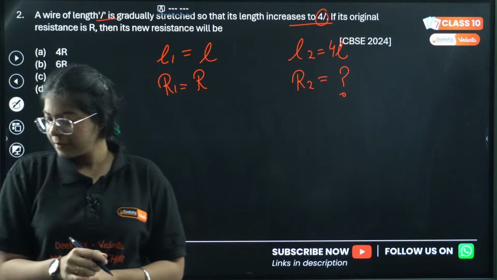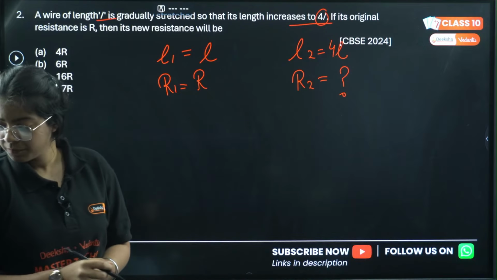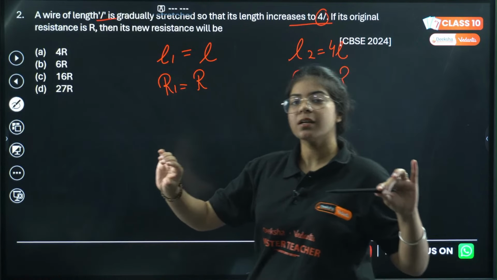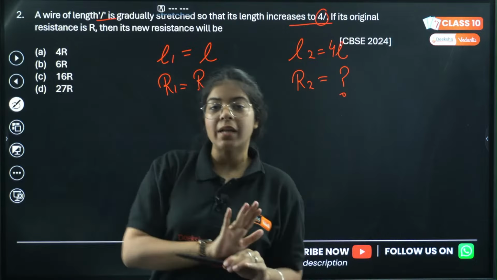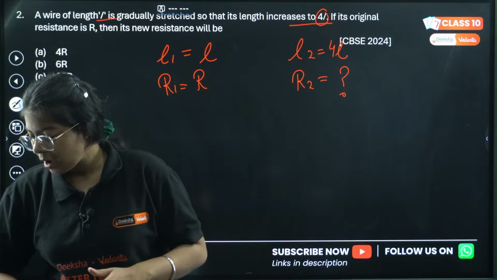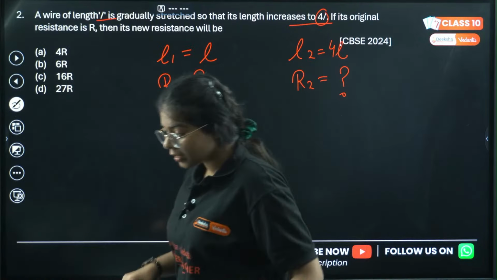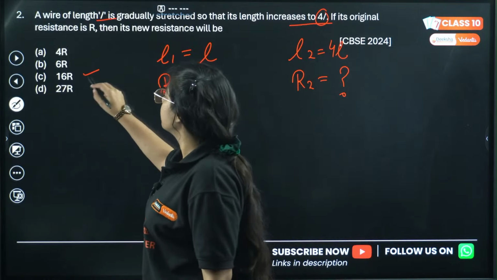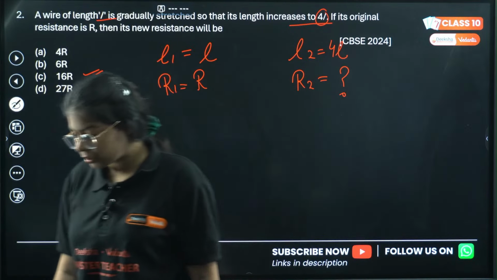Okay, let me know the answer to this question. If I have a wire and I stretch it and its length becomes 4 times the original length, then how will its resistance change? Amit is saying C, 16R. Is he correct or not?